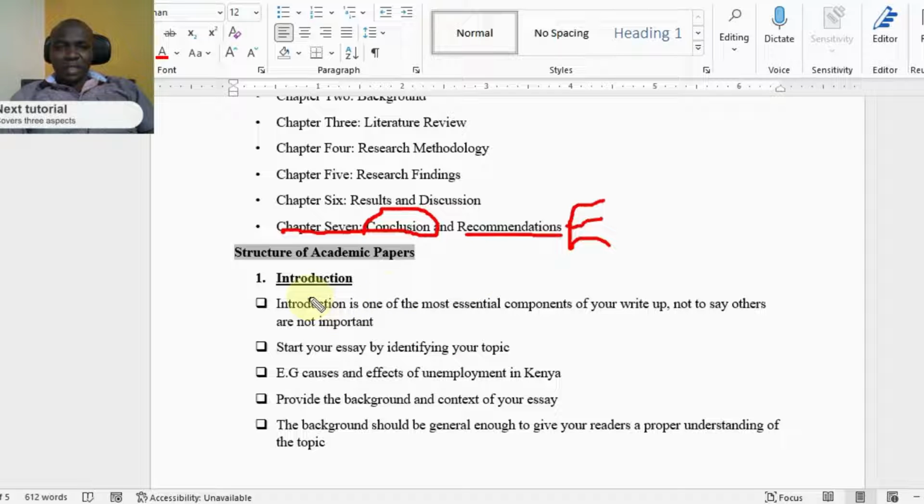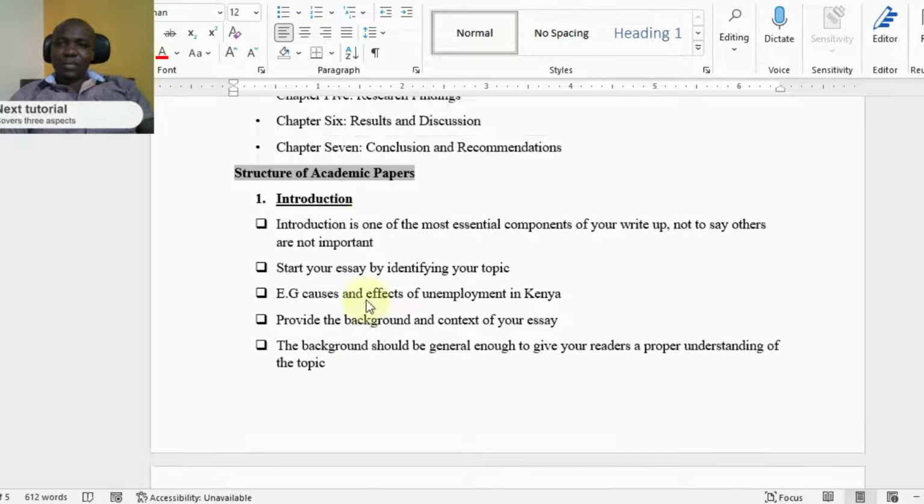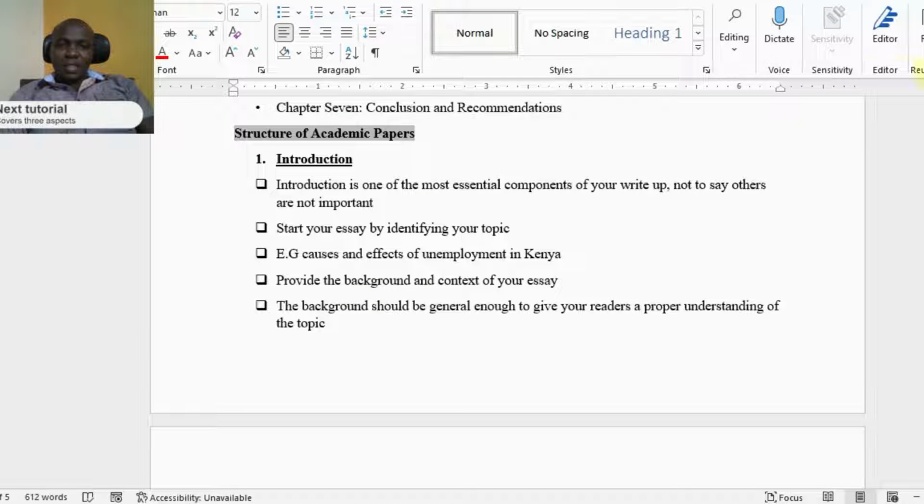Then let's look at the structure of an academic paper. So an academic paper, we also talked about this area.